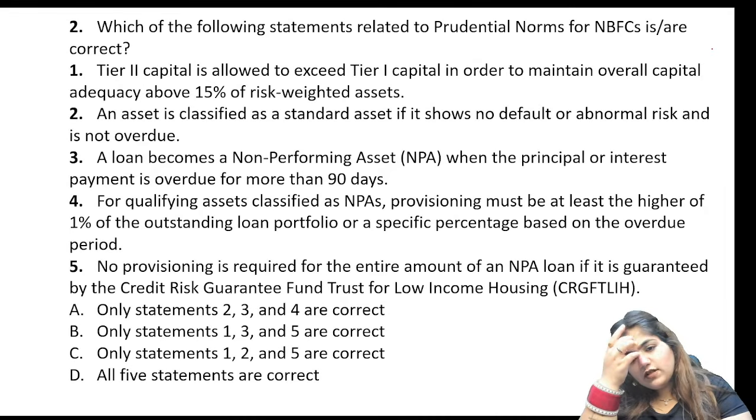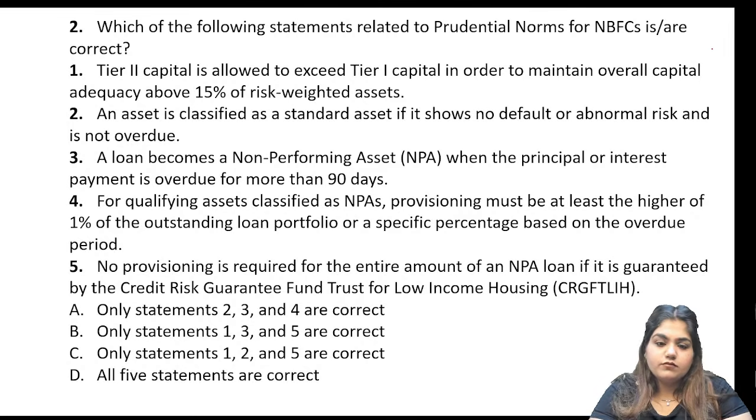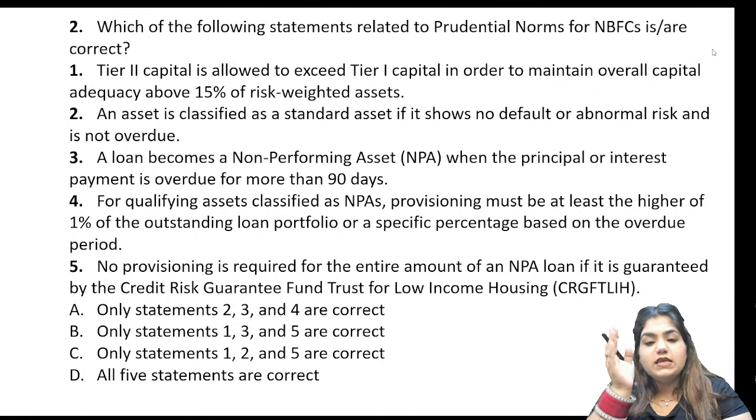Next, which of the following statements related to prudential norms for NBFCs are correct? Tier 1 plus Tier 2 will help us assess the capital ratio. It should be at least 15%.